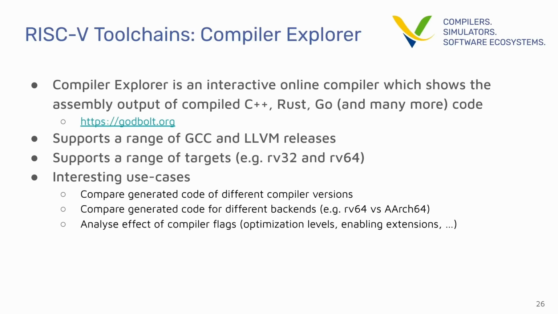It supports a range of GCC and LLVM releases, and of course it also supports building for RISC-V. Typical interesting use cases are comparing the generated code of different compiler versions, different backends, or compiling code with different flags, for example optimization levels or different extensions.